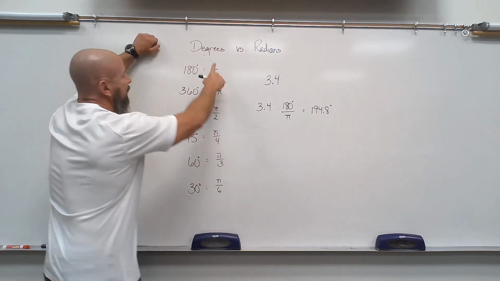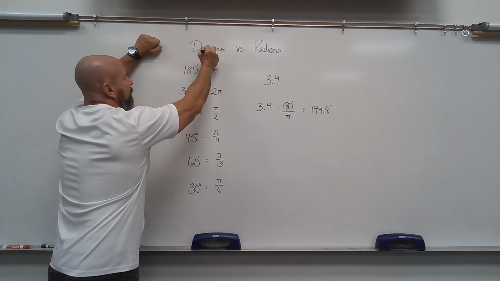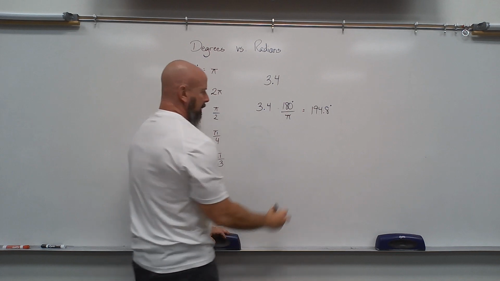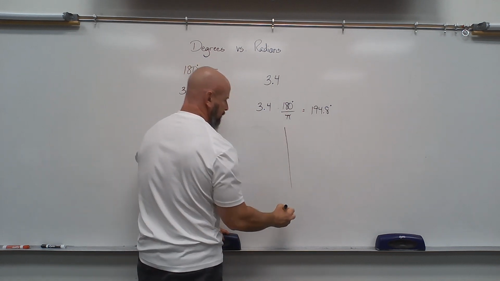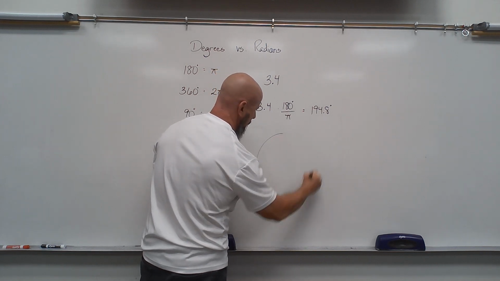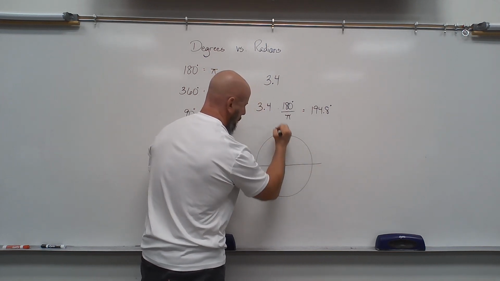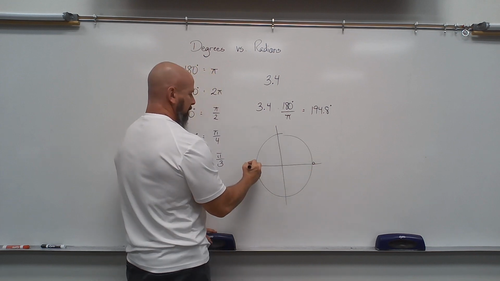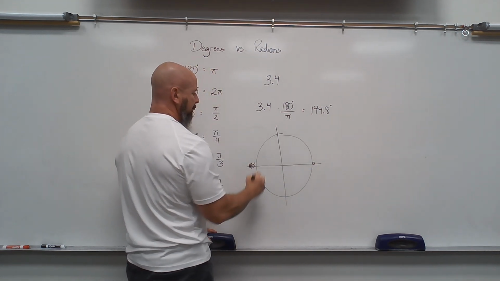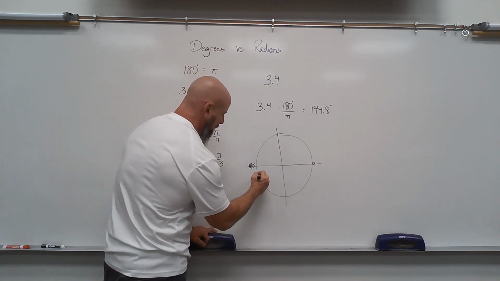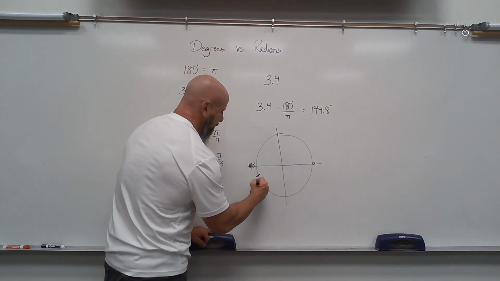If you think of this guy right here to kind of give you a little bit of a reference, if 180 degrees is pi, if we're dealing with going around the circle here, I'm starting here at 0, and I'm coming around here to 180 degrees. So 195, I'm just going to kind of guesstimate about right there.